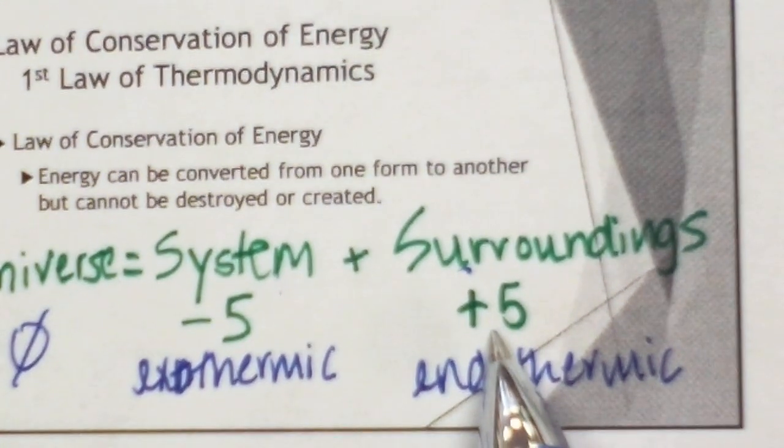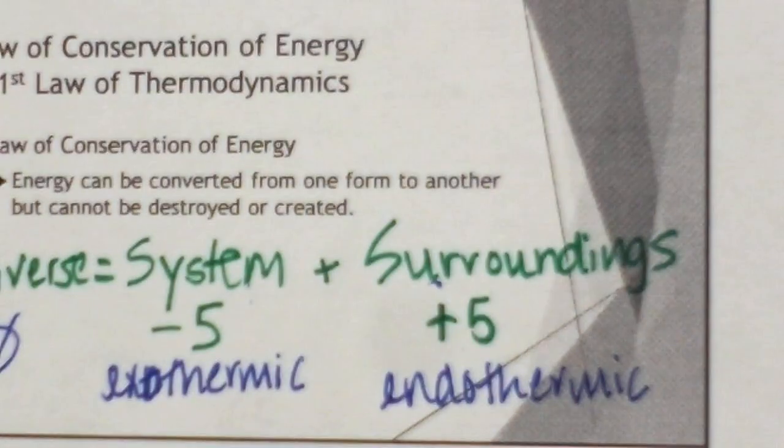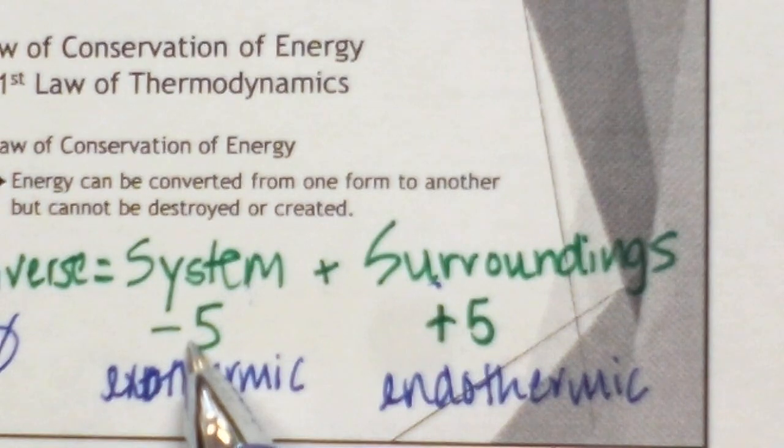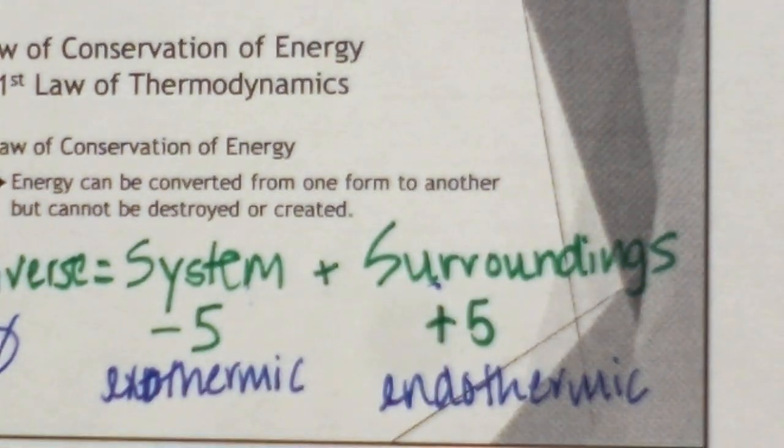Whatever it is that's happening to the system, the negative of that is happening to the surroundings. So if the system is losing 5, the surroundings is gaining 5. If the system is gaining 5, the surroundings is losing 5.